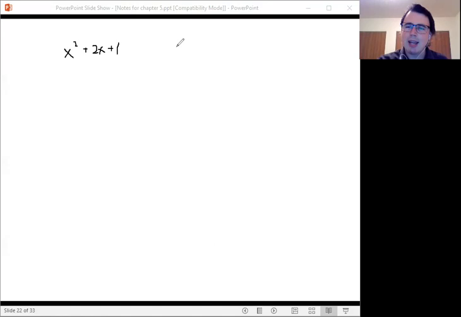It's a quadratic polynomial. And if I've chosen to, I could have written it as take the quantity x plus 1 and square that. These are just two different formulas for the same function.